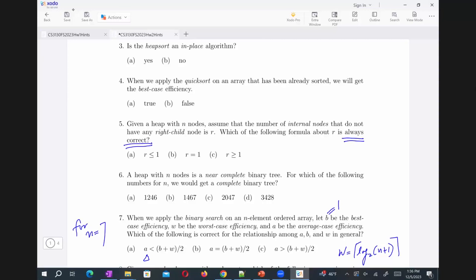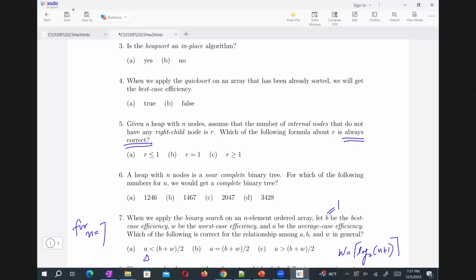Yeah, I want to say that. But I say here, internal nodes that do not have a right child. Oh, that's the same thing, right? Those nodes who have a left child but no right child. Internal, it must have some child nodes, right? Internal without a right child can only have a left child.